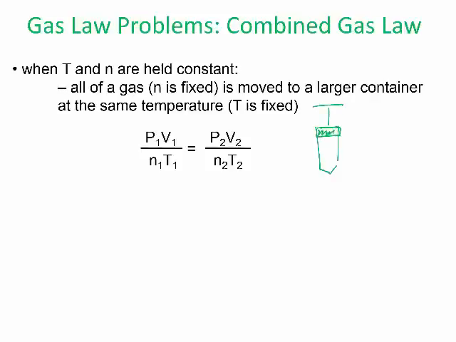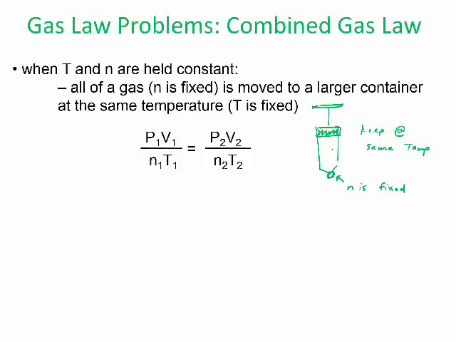You have a cap here, so N is fixed, and you just keep it at the same temperature, and this allows the temperature to stay constant from before and after as well.